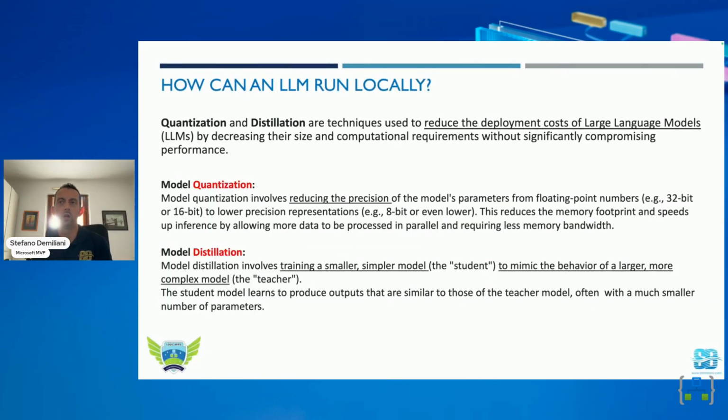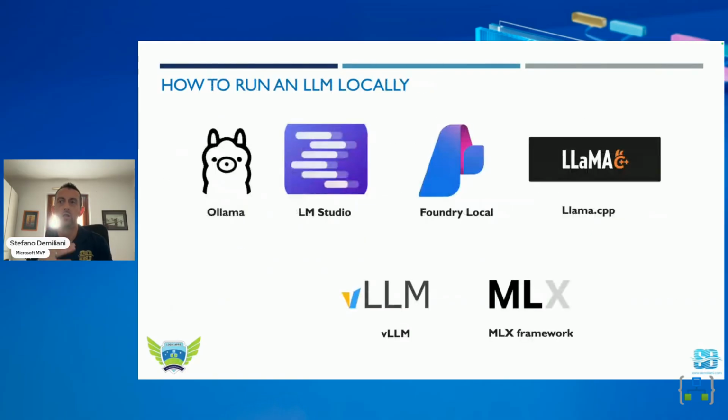To use these models offline, the third thing that you need is the host. A tool that permits you to host and run this model offline on your own hardware and in your own infrastructure. And here I've put in the slides the main ones, the most famous at least.